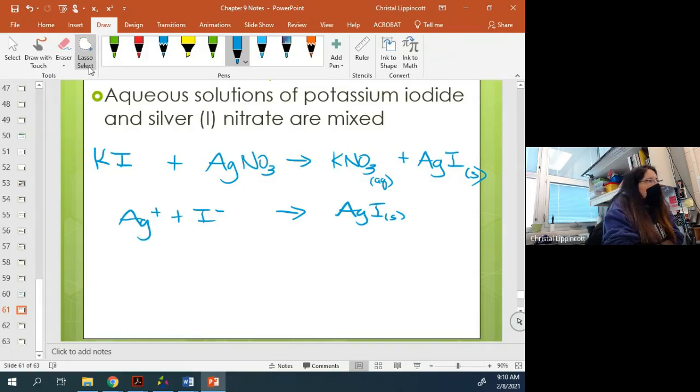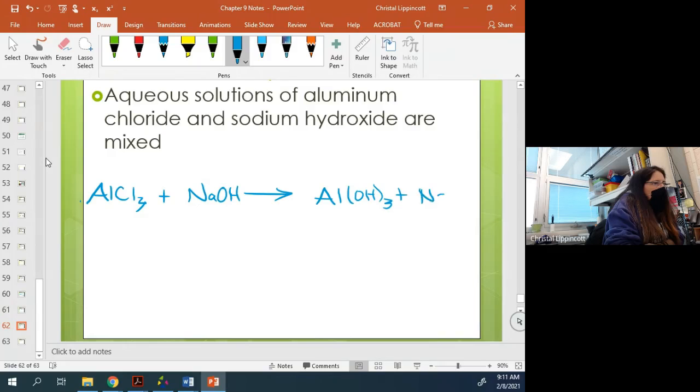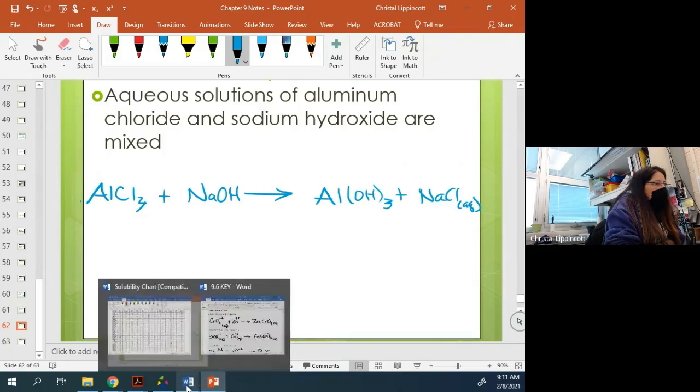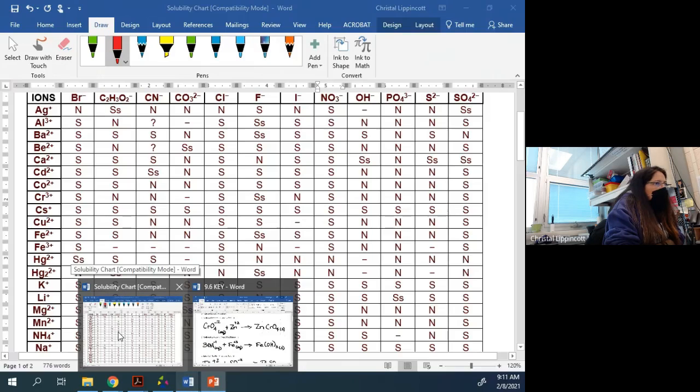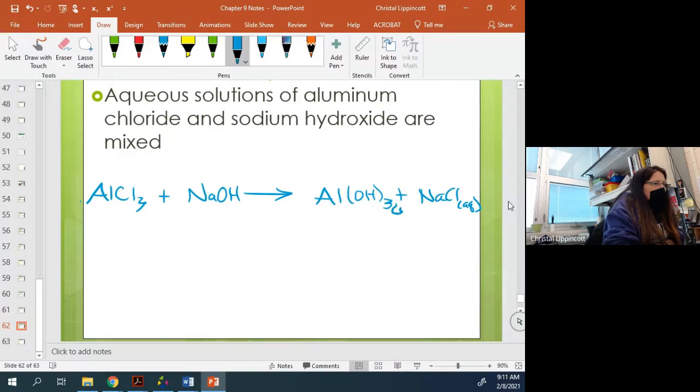Okay, good. Easy enough. Aluminum chloride and sodium hydroxide. Okay, that does form a solid. Yeah, some of these I have memorized, other ones I don't.